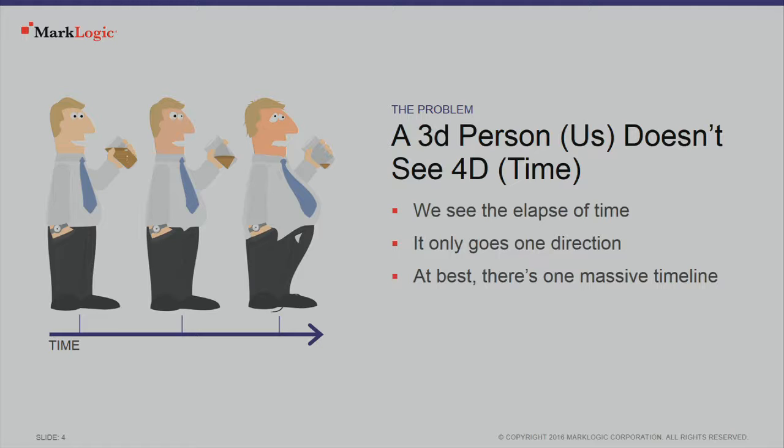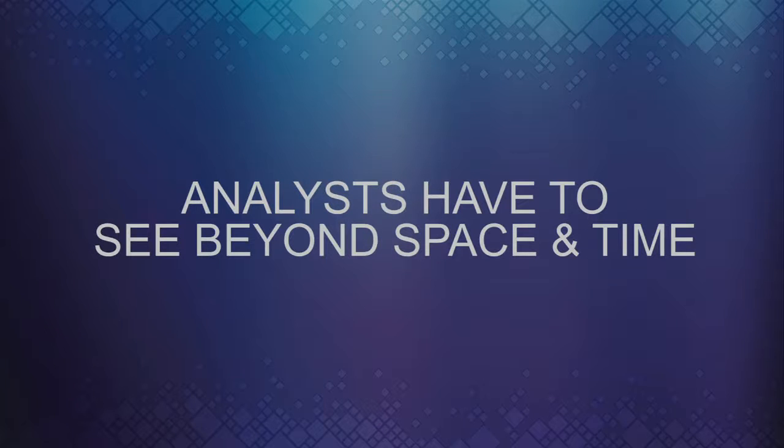But I started thinking about that, and I look at the analysts that use Esri ArcGIS and MarkLogic, that work on national security, public safety, financial, and healthcare problems, and they need to be able to see beyond the dimensions that they typically get to see in the data they're working with.